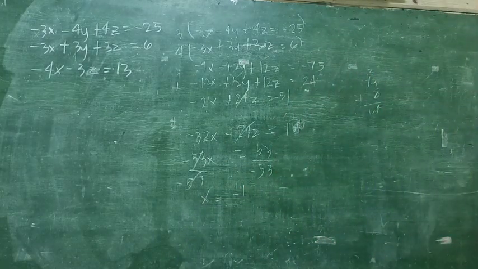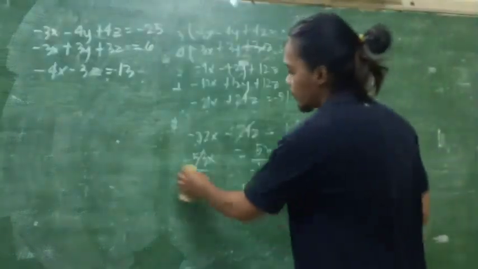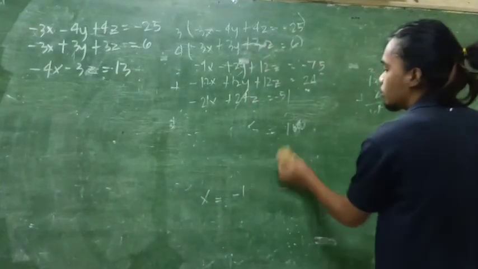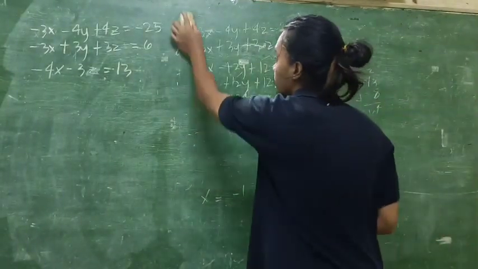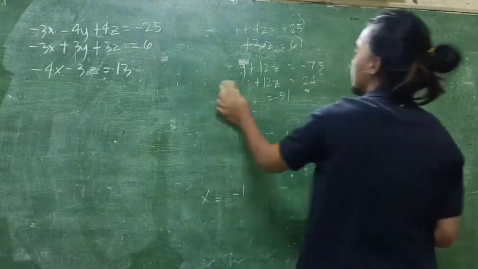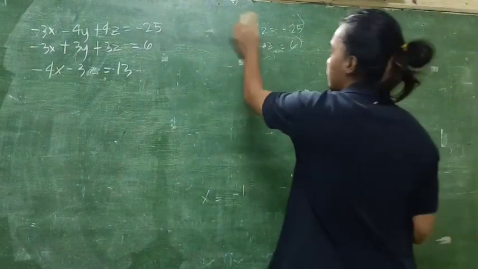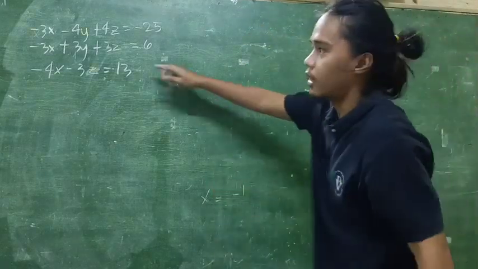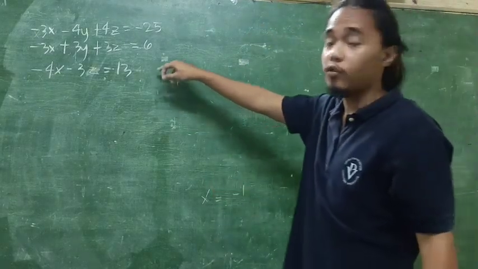Now that we have our x, like I said a while ago, we'll just have to substitute it into this one, because then we can find the z.